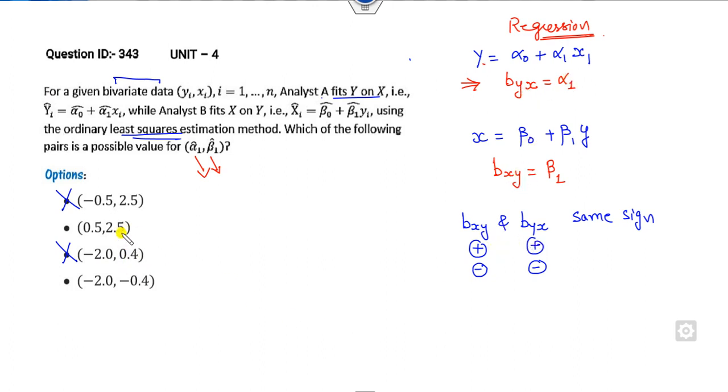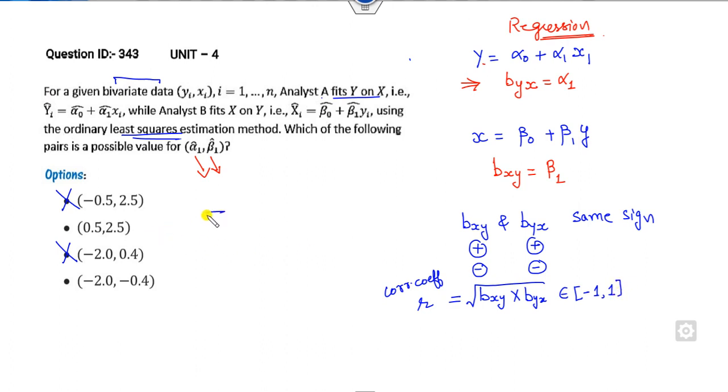Now what about the second and fourth options? Another property of bxy and byx is that whenever you take the product of them and take the square root, this is nothing but the correlation coefficient. And what is the property of the correlation coefficient? It always lies between -1 and +1.